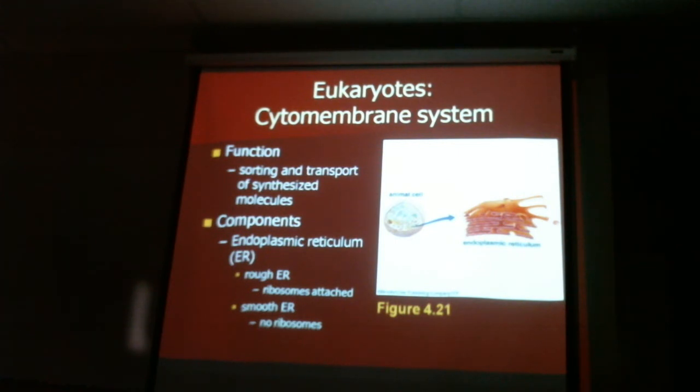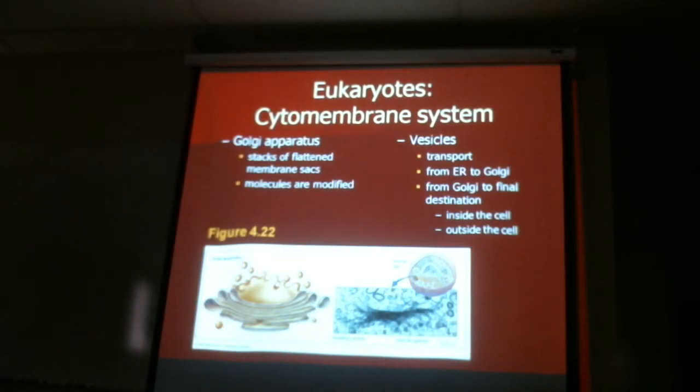Cytomembrane system. You remember there was rough ER and smooth ER. It's for sorting and transportation of molecules. The rough has ribosomes associated, the smooth no ribosomes, and specifically the smooth ER specializes in lipid synthesis. The Golgi apparatus, always described as stacks of flattened membranous sacs.